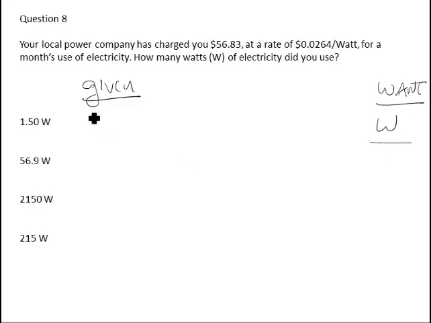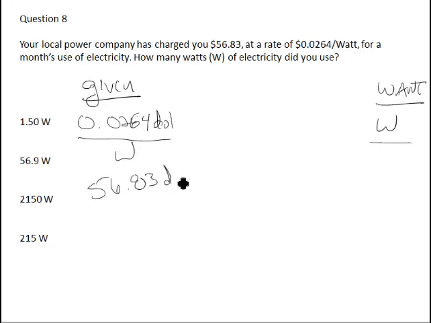And what we are told is that it is, at a rate of, I'm going to do this in dollars, $0.0264, and that is dollars per watt, and we spend a total of $56.83.